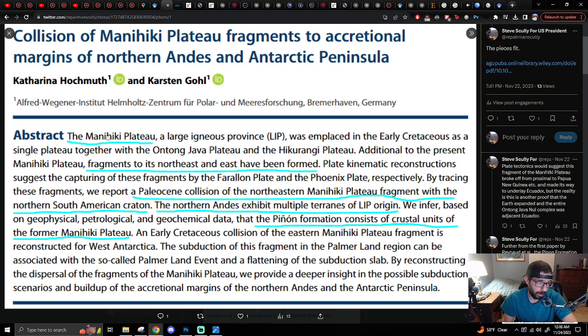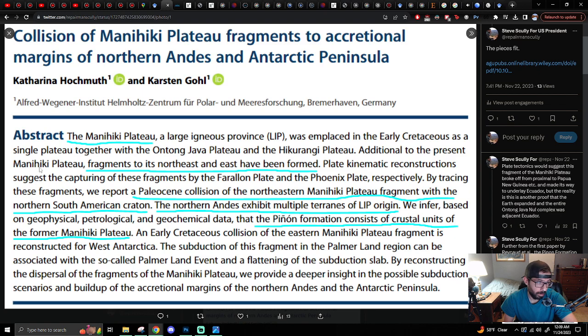Okay, so let's go back here though. The Manihiki Plateau, a large igneous province, was emplaced in the early Cretaceous as a single plateau together with the Ontong Java Plateau and the Hikurangi Plateau. So they're basically describing the Ontong Java Nui hypothesis of these three being one at one time.